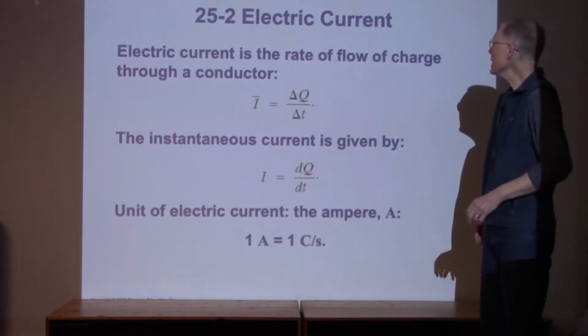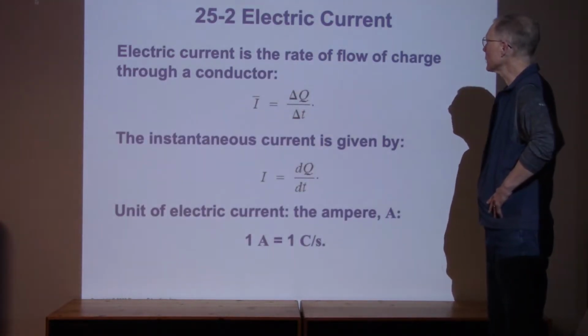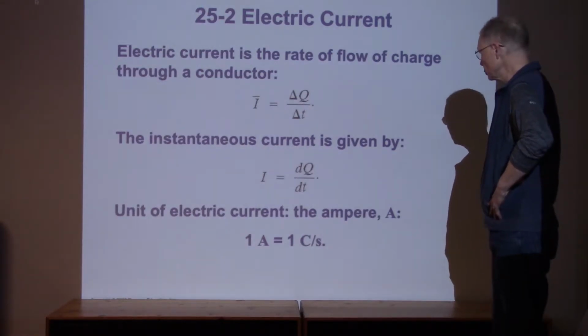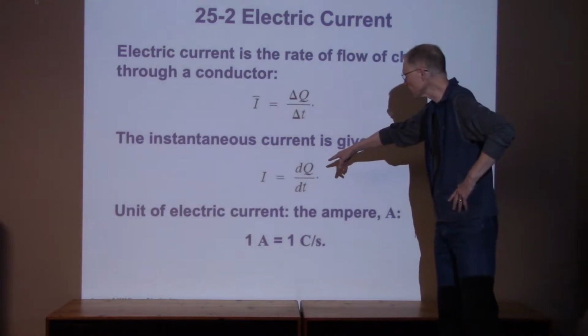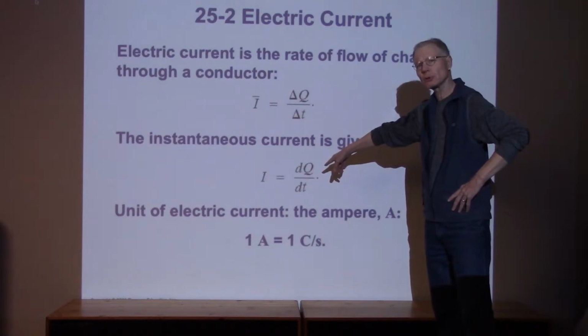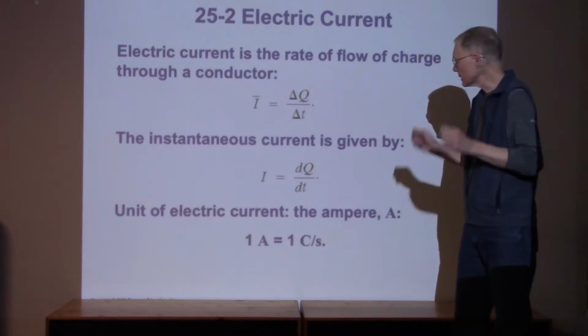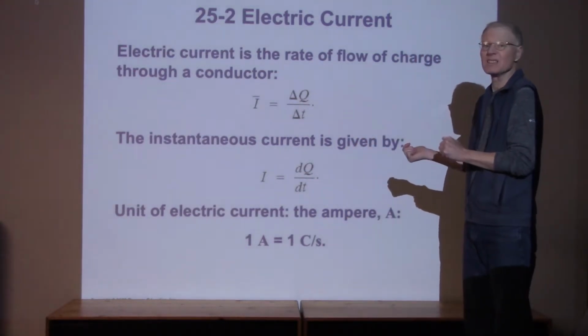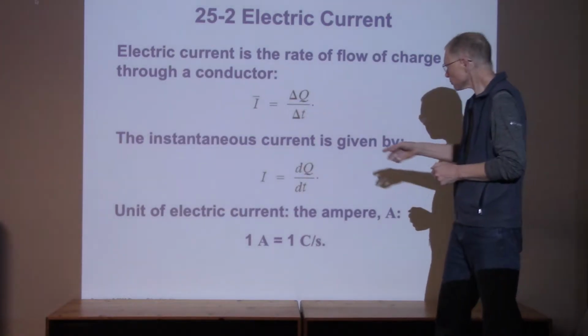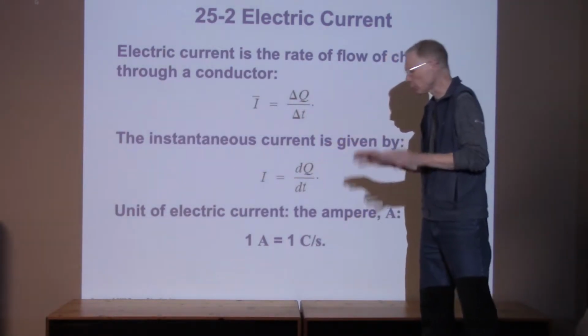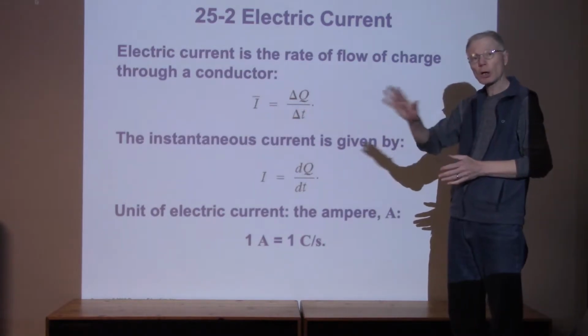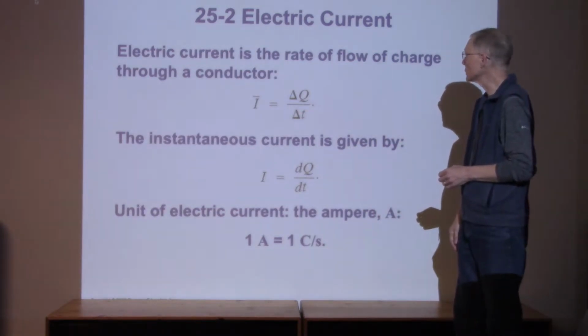All right, we had introduced electric current already, and let's go back and take a look at our definitions. I actually want to start with the middle one. The middle one's actually the official definition. That says, instant by instant, this is an instantaneous formula, current is given by the rate at which charges move past a particular location.